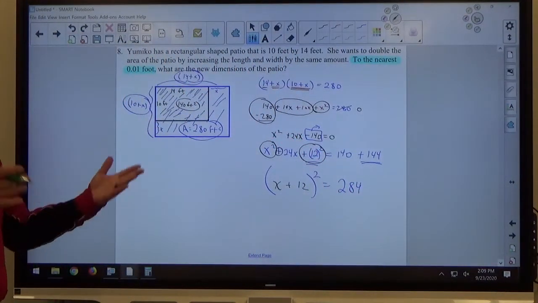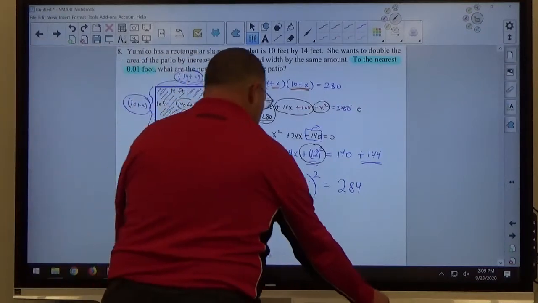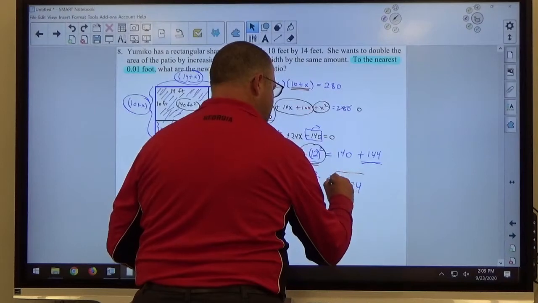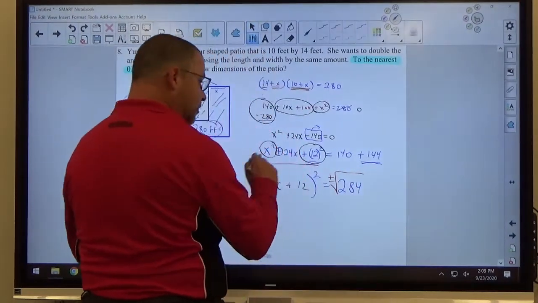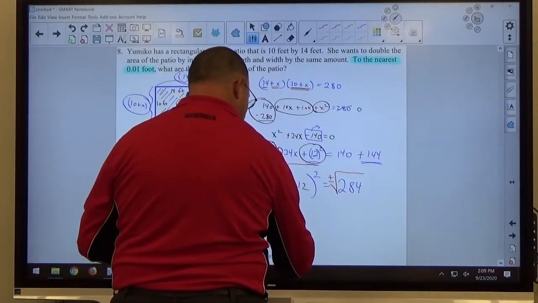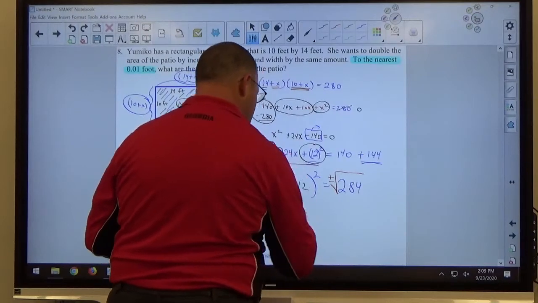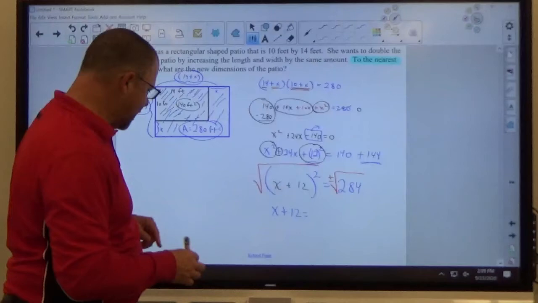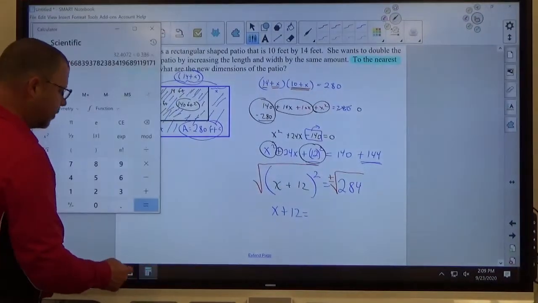Now we're going to square root both sides. Remember when we square root both sides, I square root the left, I square root the right, and I'm going to put a plus or minus on that one. So x plus 12 squared, square root becomes x plus 12. The square root of 284 says to the nearest hundredth of a foot, so I'm going to use a calculator to evaluate that. I already did it.